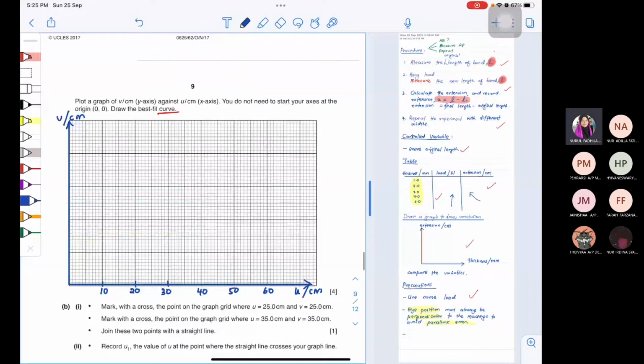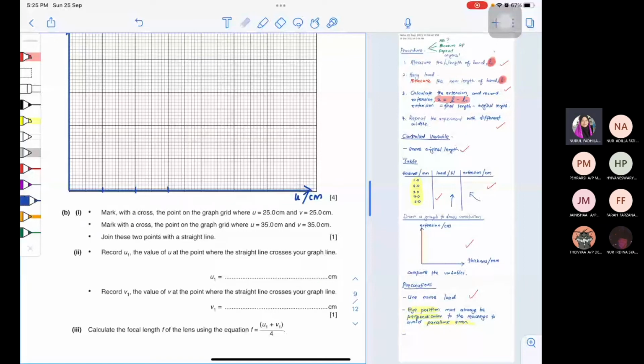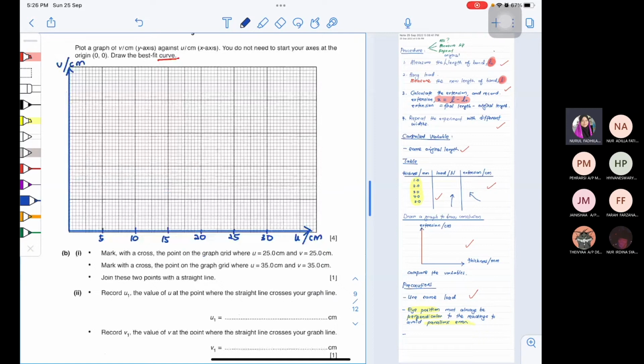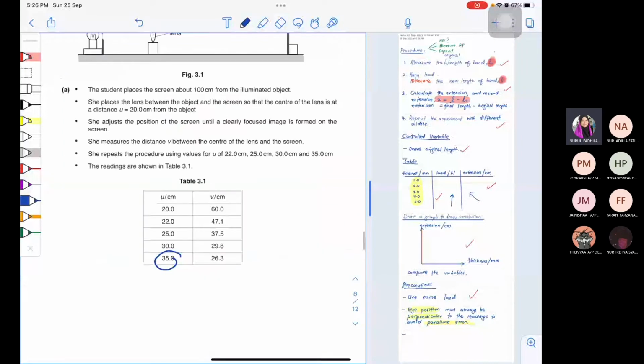Ni kecil sangat nanti graf ni. Tak bagus ni. Berapa yang sesuai? 5? 5, 10, 15, 20, 25. Okay. 30, 35. Okay, 35 here. So V maximum 60.